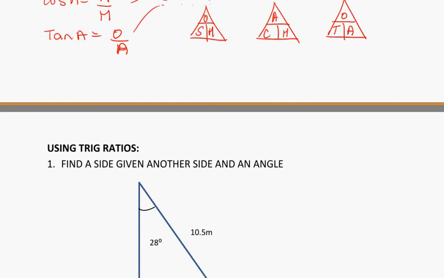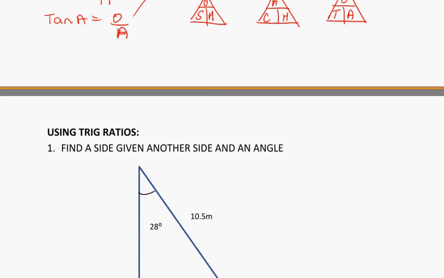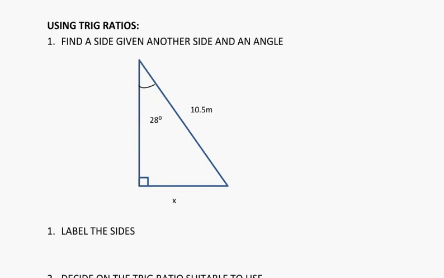So let's use our trig ratios to find a side given another side and an angle. So we notice with this problem we've got an angle involved, it's 28 degrees. We can't use Pythagoras to find the length of that side, we have to use a trig ratio. So your first step is to label the sides. Okay, the hypotenuse is always easy, it's the one opposite the right angle.